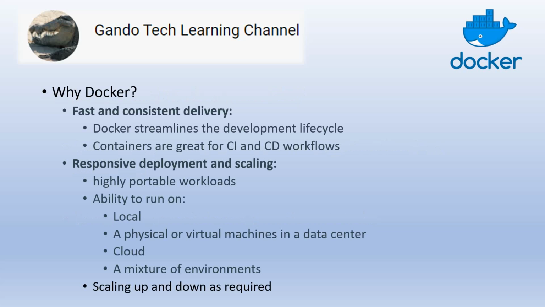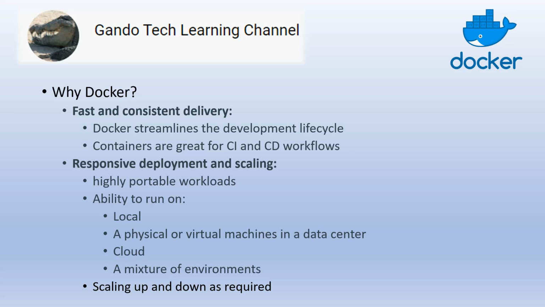So why are we using Docker? Two major things make us use Docker: fast and consistent delivery, which, as I mentioned earlier, means you could have a proper CI and CD workflow and go through the whole development life cycle with minimum delay.